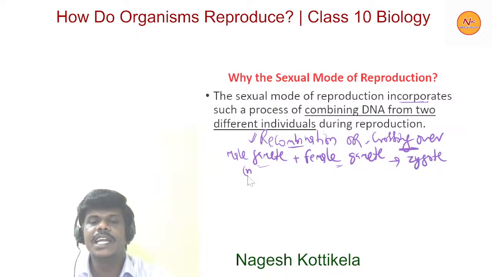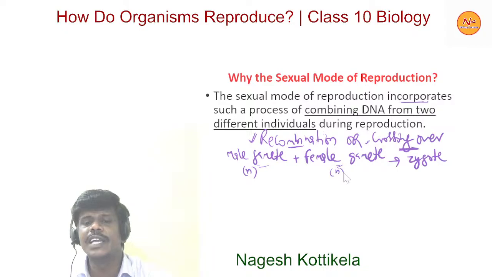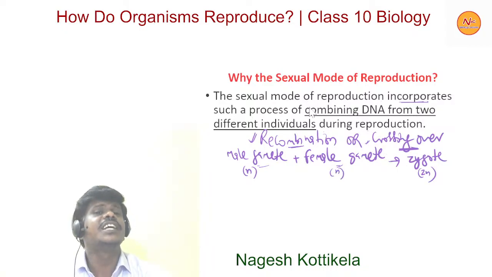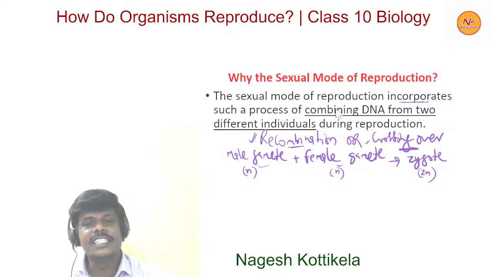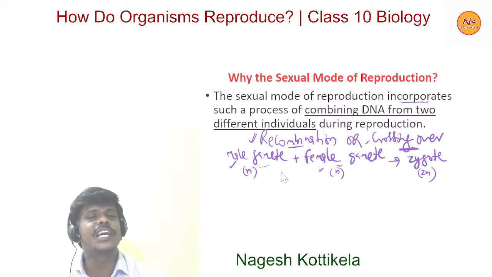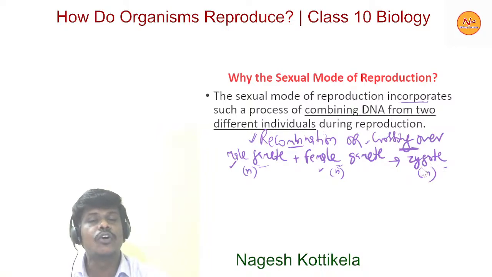The male gamete is haploid, the female gamete is haploid, and this zygote is diploid. So the DNA of the male parent and the DNA of the female parent join together, combine and form a new cell in which the combination of DNA will be present, that is the zygote.